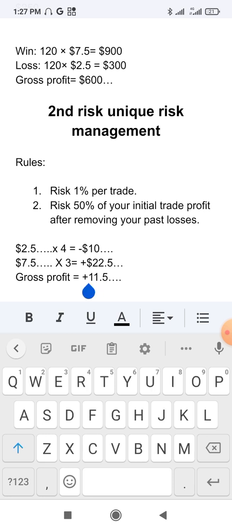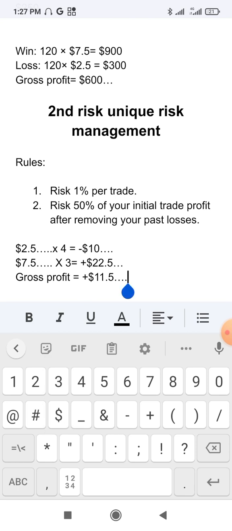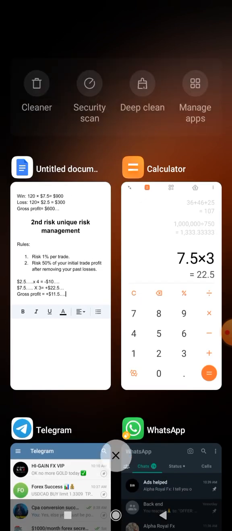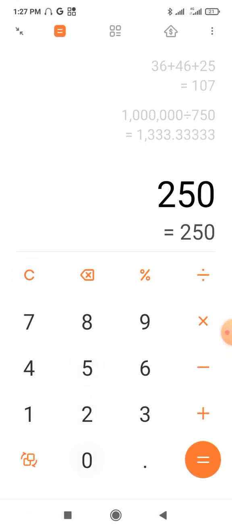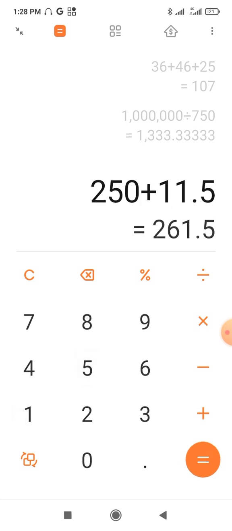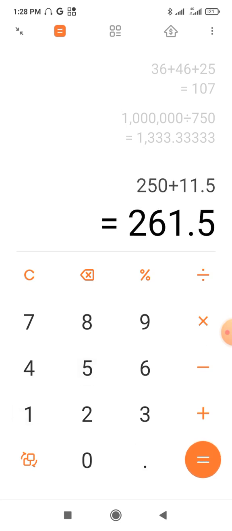Do you get? Plus $11.5. That's the gross profit. So you would have 250 plus 11.5. Just follow me, don't get confused. Now you have $261.5 on your trading account, right?